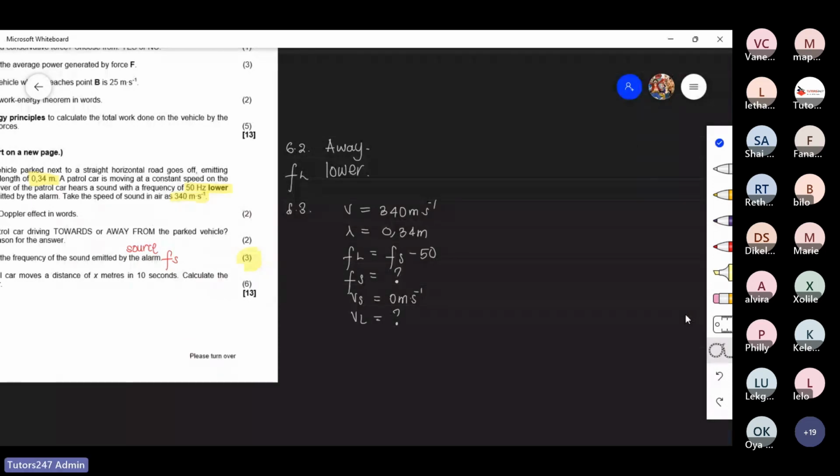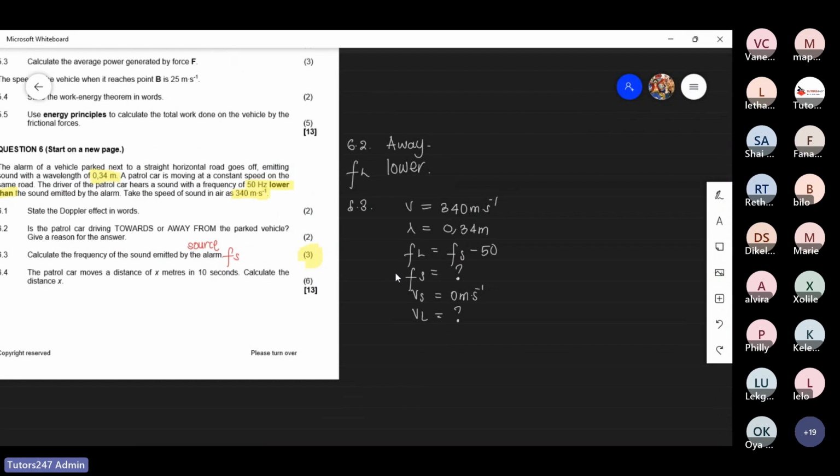We now need to think about what other equation we can use in order to calculate the frequency of the source. Because we have the wavelength, we have another option available to us: velocity equals frequency times lambda.